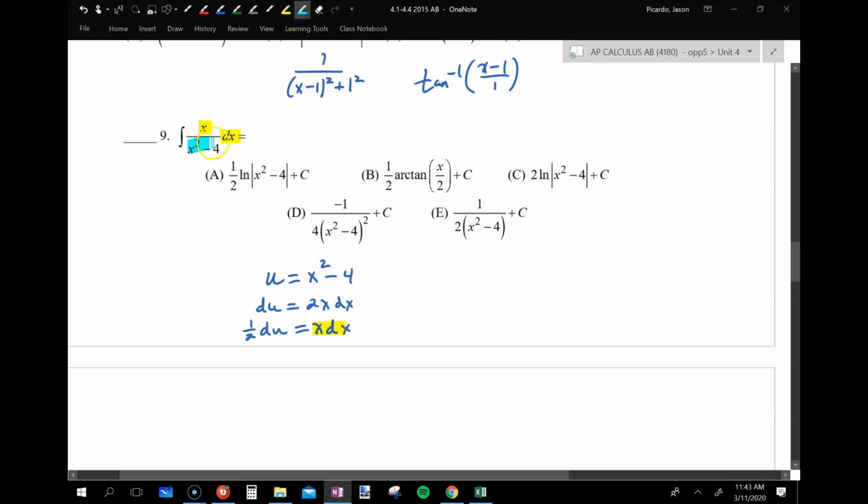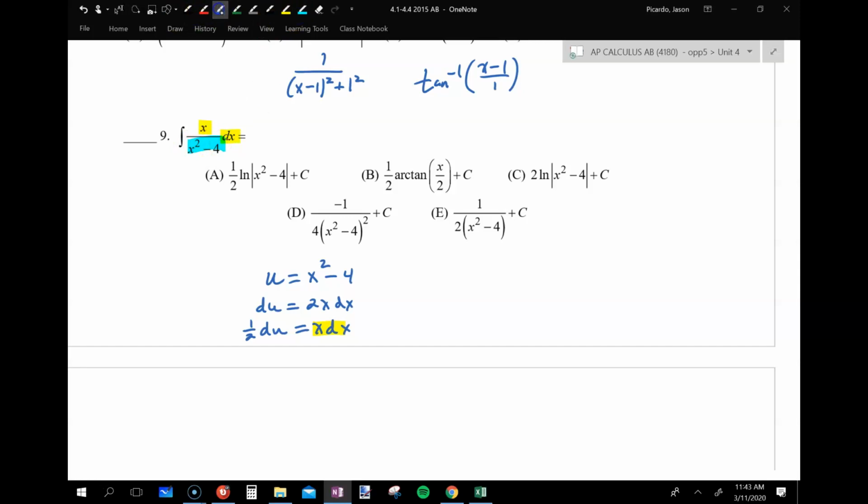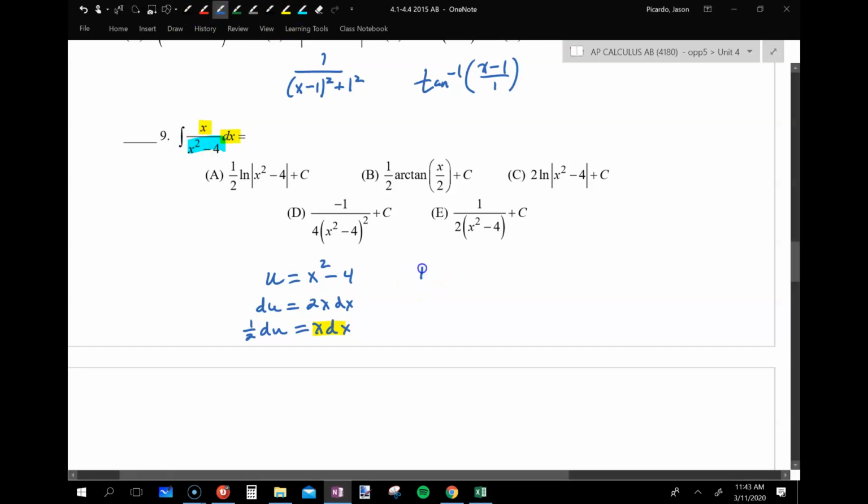Here is my u. So what does this guy get rewritten as? It's a half of the integral 1 over u du. And what is the integral of 1 over u? It's the natural log of the absolute value of u plus c, which gives us choice A.